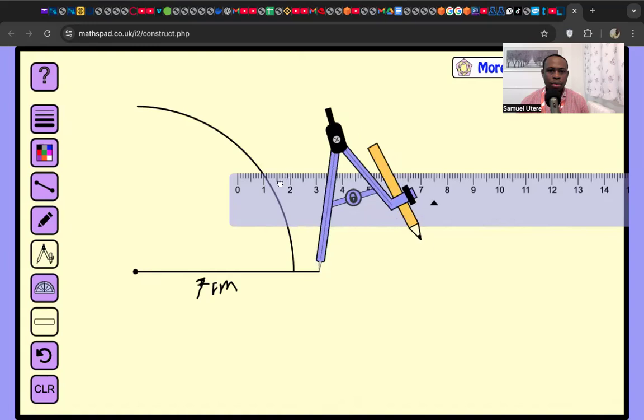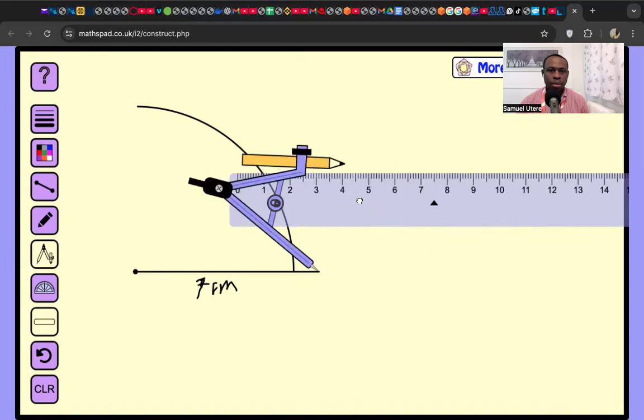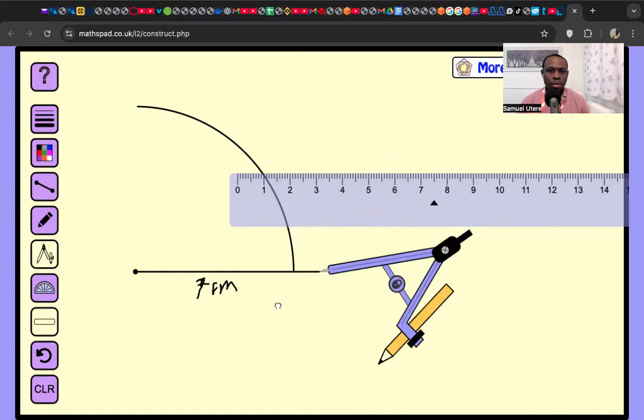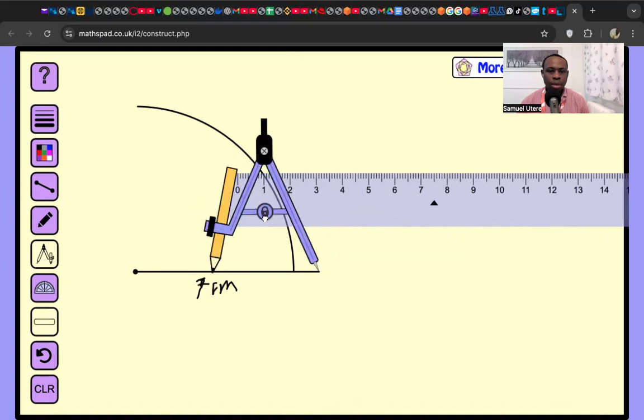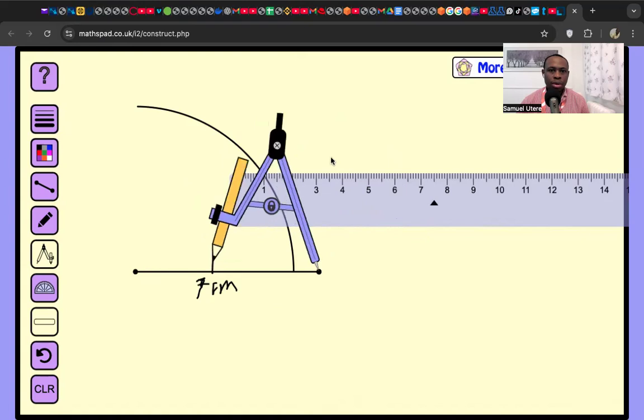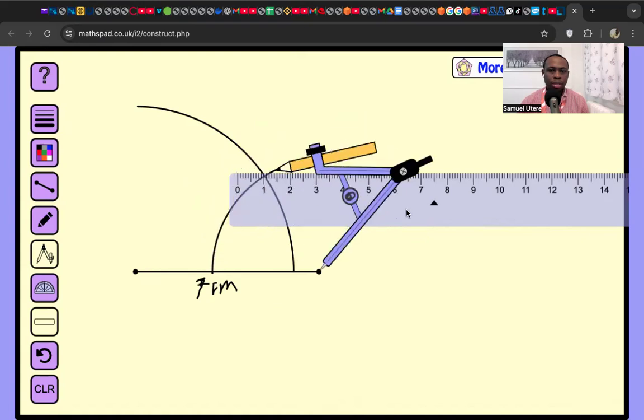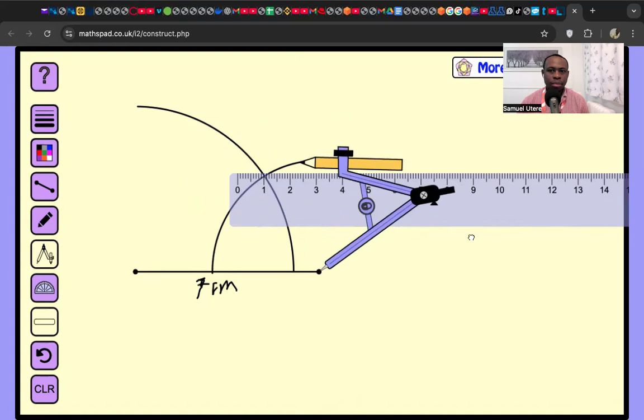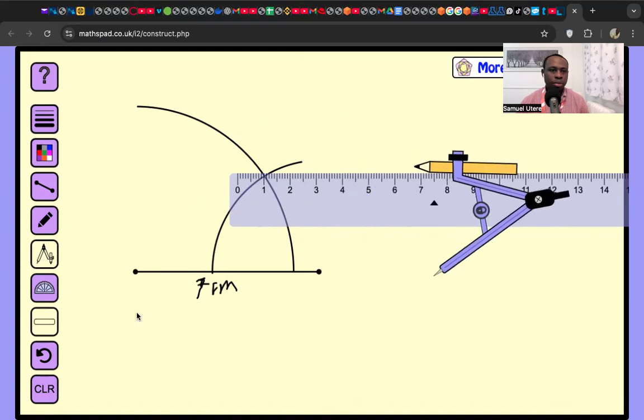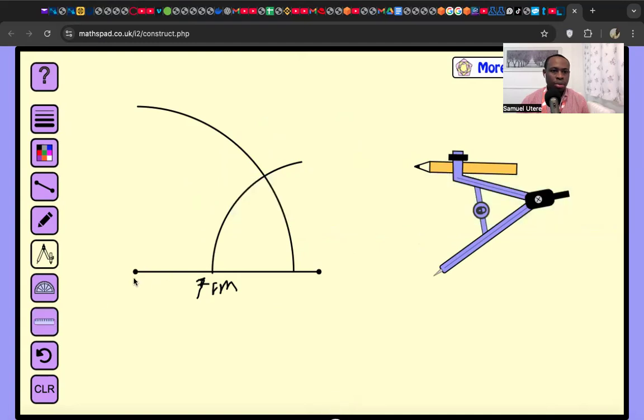And we move. Okay. Then we hold that and we draw our arc of 4 centimeter. Move our compass out of the way. We want our ruler. Or we can just draw a line segment. A line segment should be able to do it for us. So we just take a line segment to join that point, and we take a line segment to join that point.